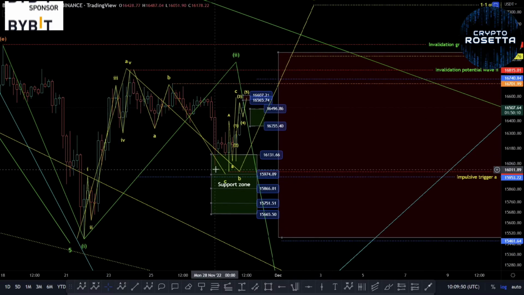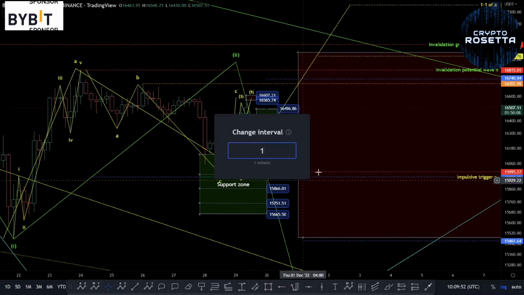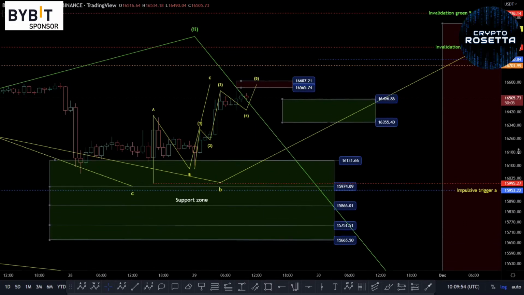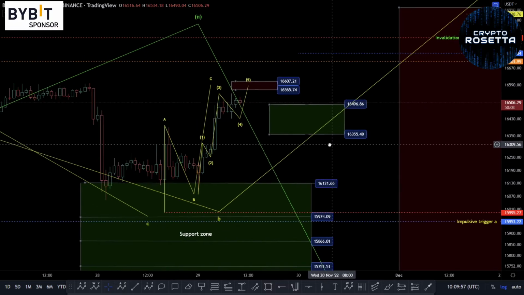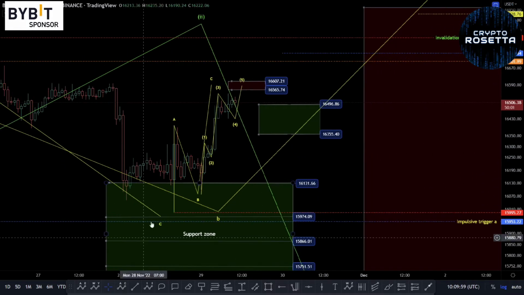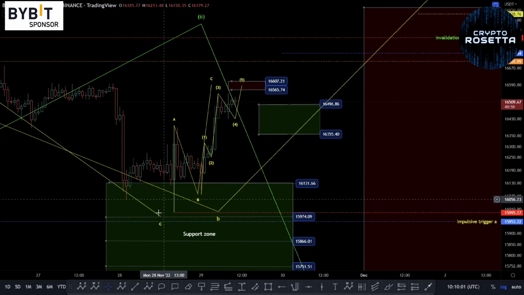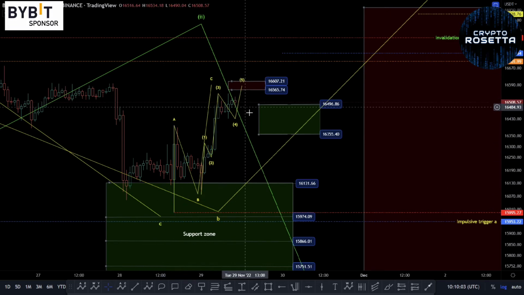Should this move to the upside, if I go down into a smaller time frame, currently this move is just looking like a zigzag to the upside. Just a 5-wave move in there and a 5-wave move in here.